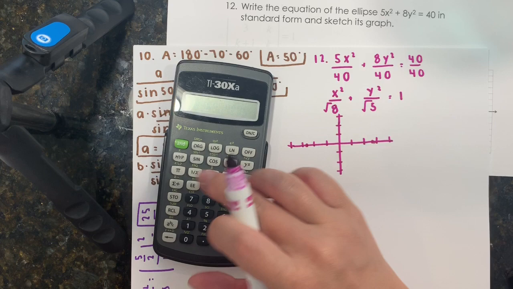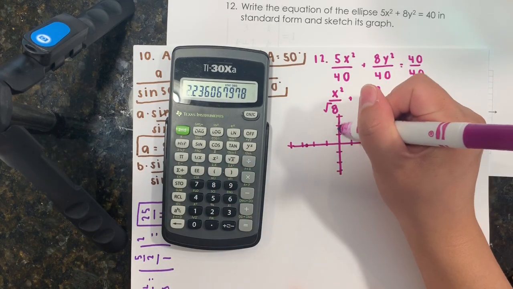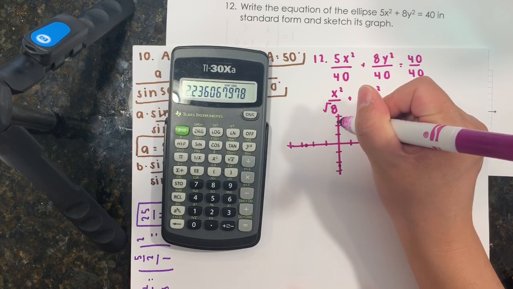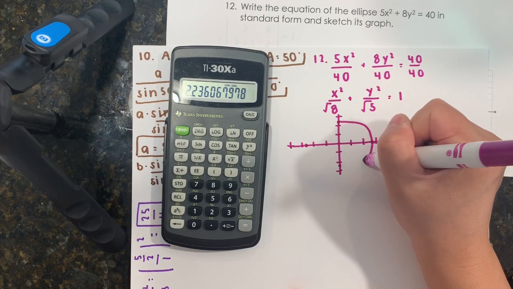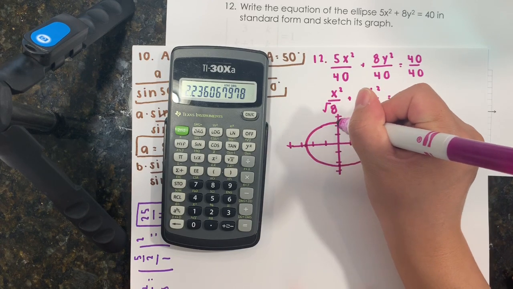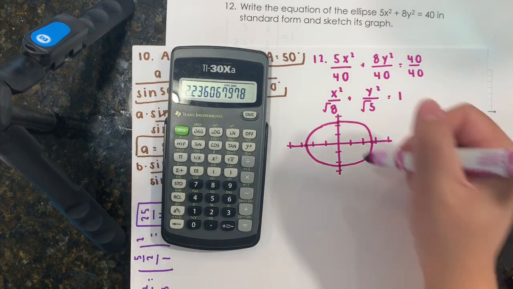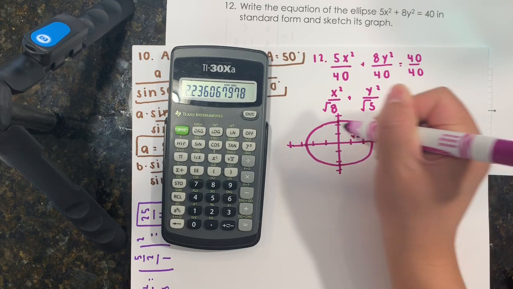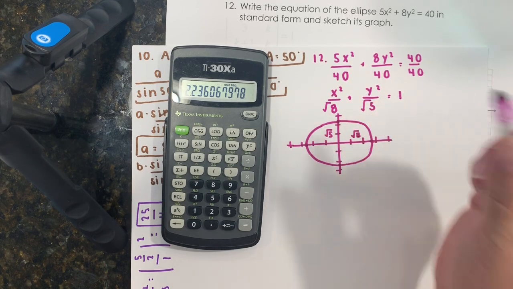And then the square root of 5 is about 2.2, so just over 2. And that is going to be your ellipse. So that's just an approximation. The length here should be about the square root of 8. Oops, the length here should be the square root of 5.